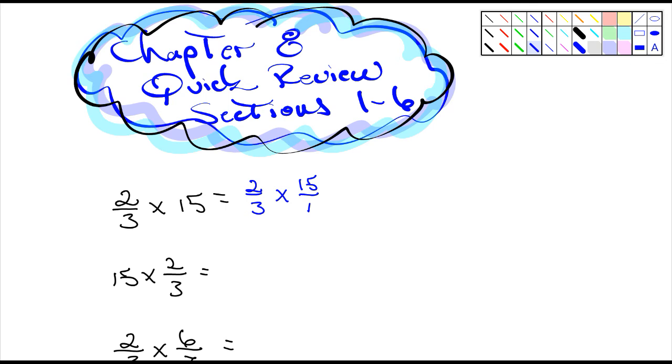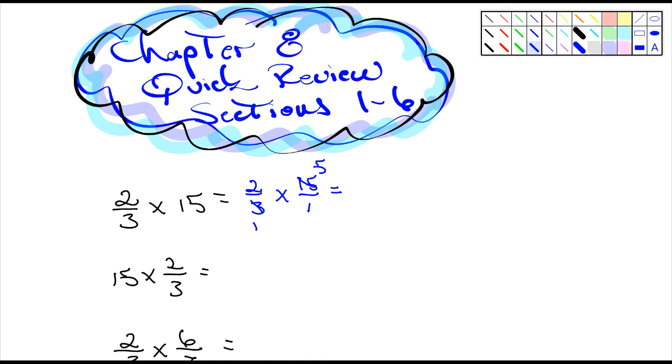So we've got a couple different options here. We could just go ahead and multiply straight across or do some cross canceling. So 3 could go into 3 once, and 3 goes into 15 5 times, but we don't have to do that. It just makes it easier. But I did.